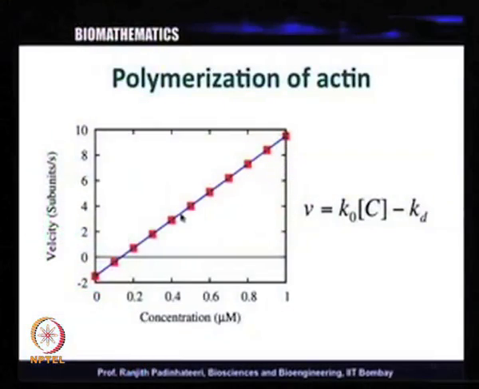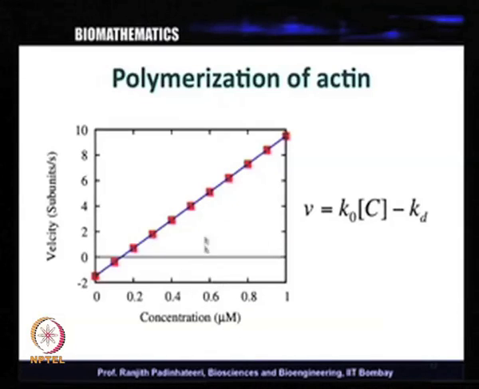So, the red points here are for different values of concentration, 0 concentration. So, basically let us start from the right end, 1 micromolar. So, the x axis is concentration, y axis is the velocity, x axis in micromolar, concentration unit is micromolar, molar is the unit of concentration. So, micromolar means 10 power minus 6 molar.